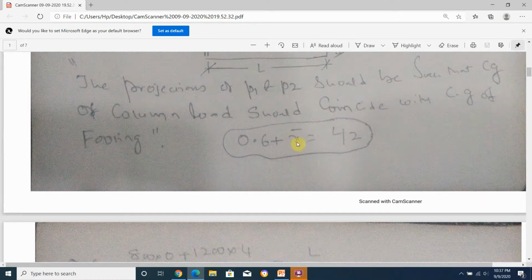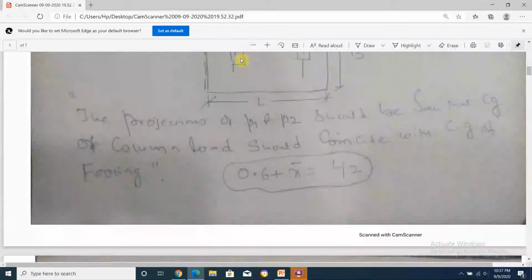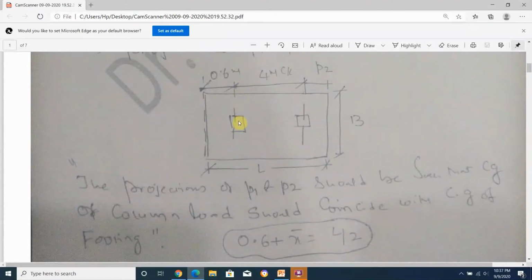And what do I have to write? This is nothing but the force acting on column A1 into x1. The reference axis is here, so x1 is 0. And you have A2 into x2, which is 4 meters, divided by the total load, that is 800 plus 1200.